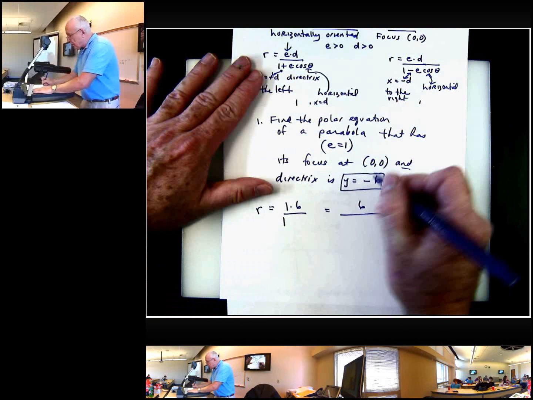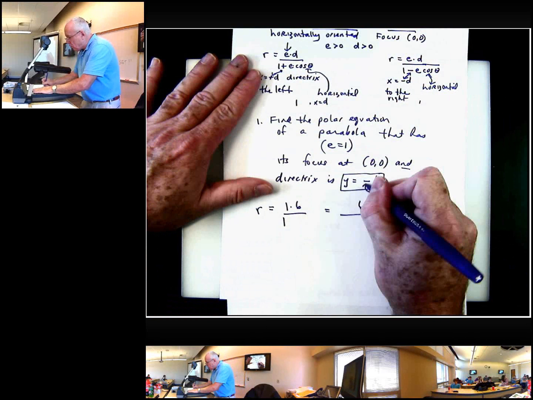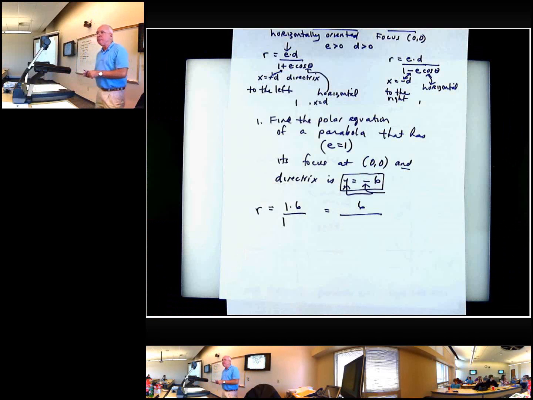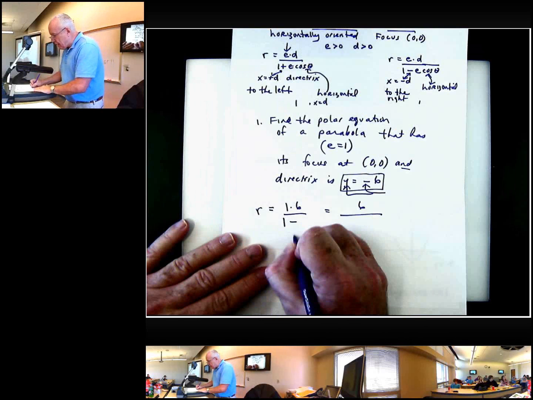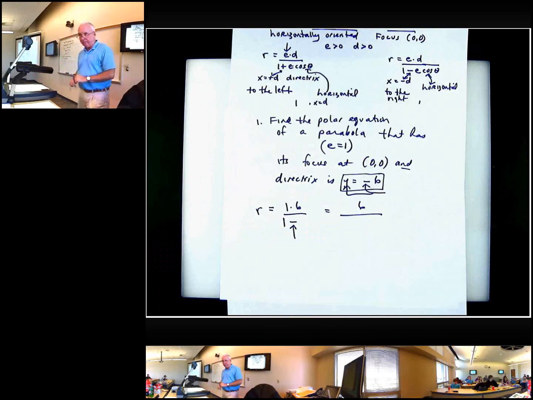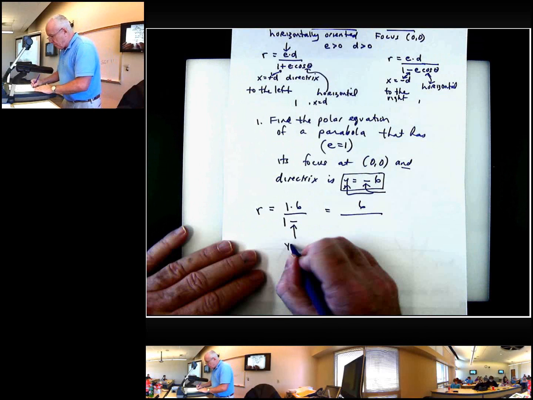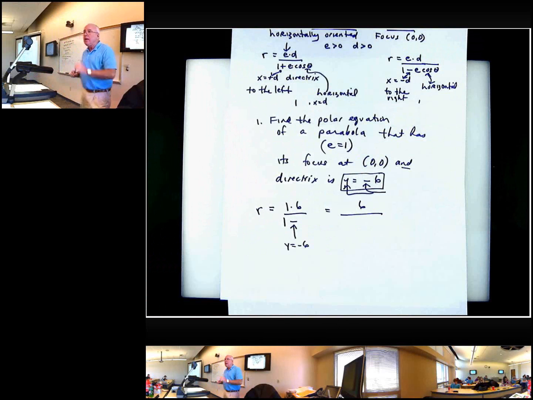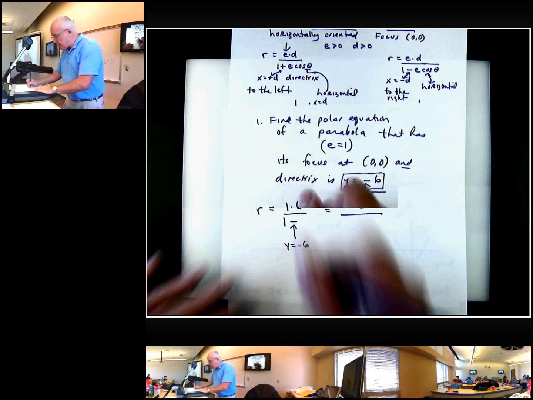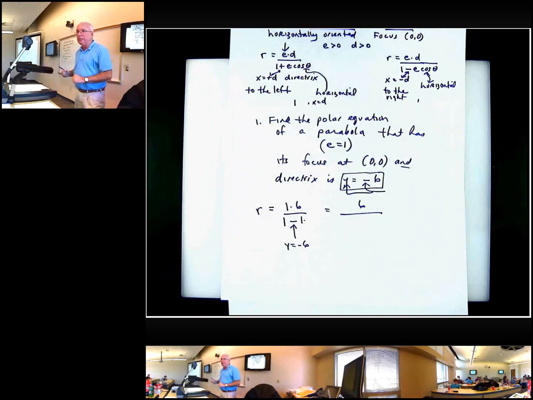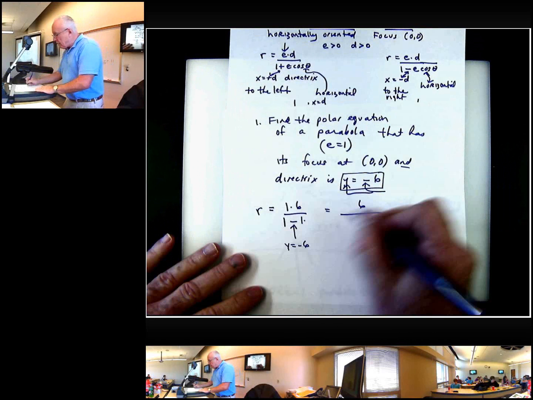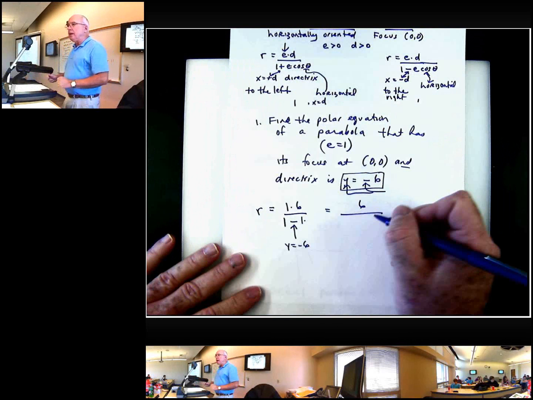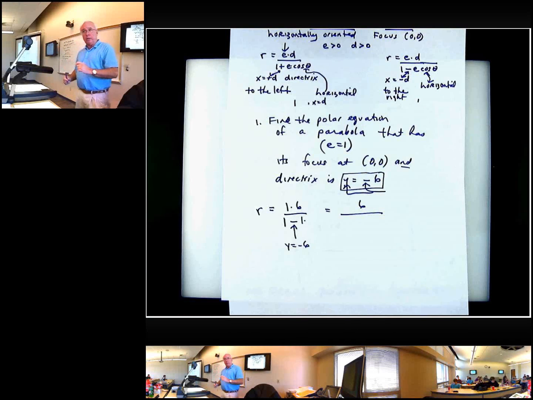Now, the directrix is y equals negative 6. So first of all, because it's a negative 6, that is your clue that the next thing you're going to have here is a minus sign. And then we put our eccentricity. Well, that's just the number 1 in this case, and I don't even have to write that. Now, am I going to put cosine of theta or sine of theta after that number 1?